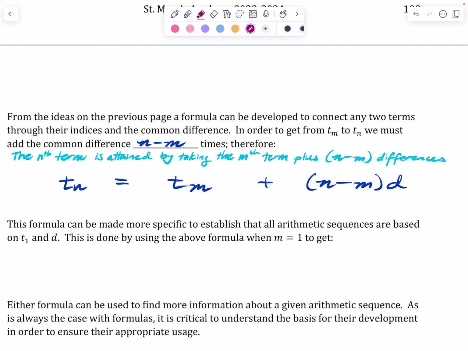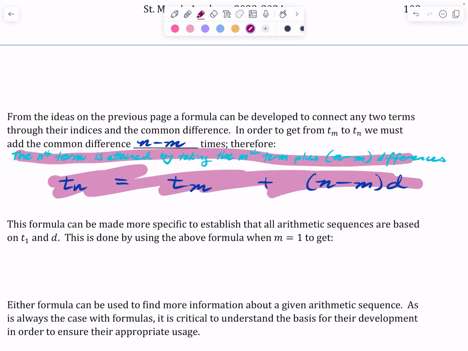This is a formula that links any two terms of an arithmetic sequence. It is a formula that you can expect to get on a formula sheet, but you should be able to defend where it comes from using this terminology right here.